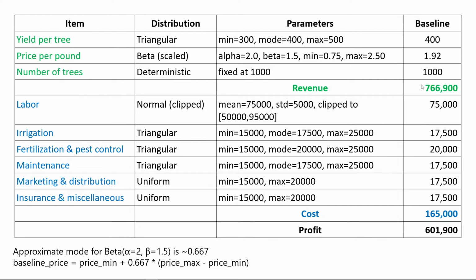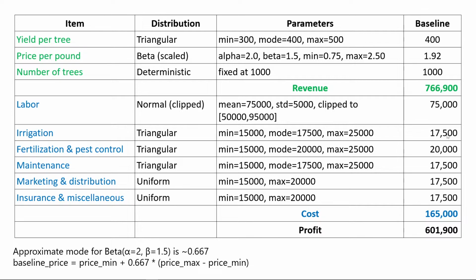And then the number of trees is 1000. So you multiply the number of pounds by the price of each pound by the number of trees, then you get your revenue. So about 760 or $770,000.